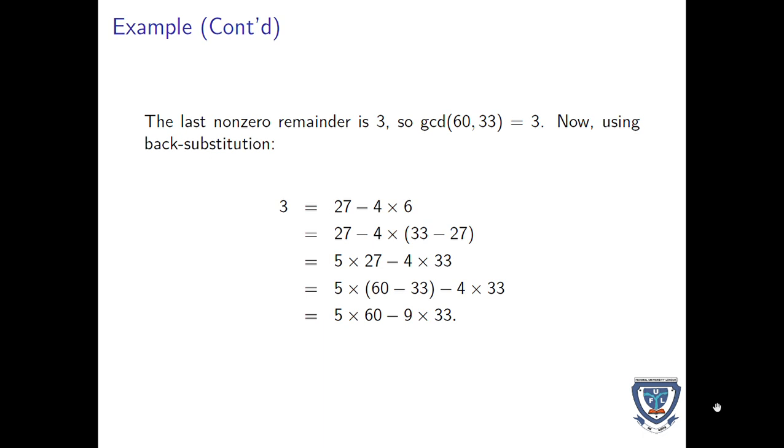Now, using the back substitution method or the modified Euclidean method, 3 is equal to 27 minus 4 times 6, and it will continue down to 5 times 60 minus 9 times 33, which gives us the linear combination of 60 and 33.